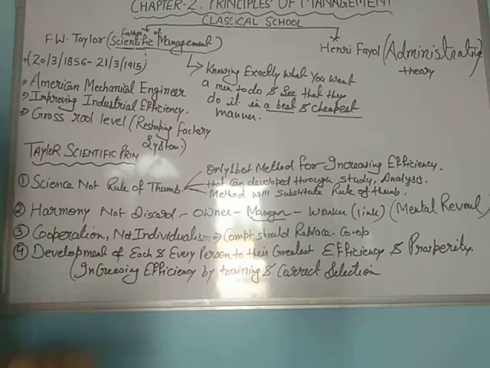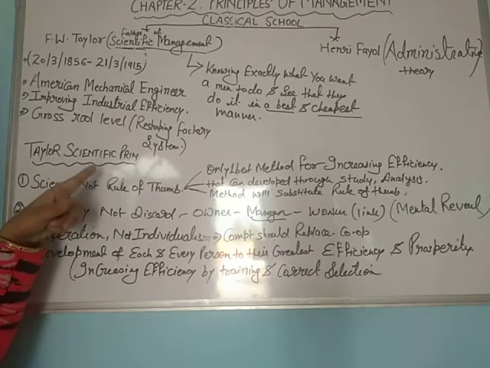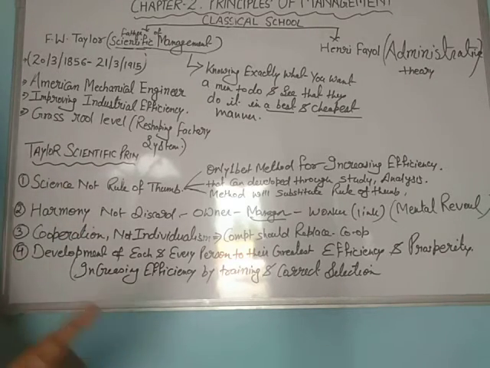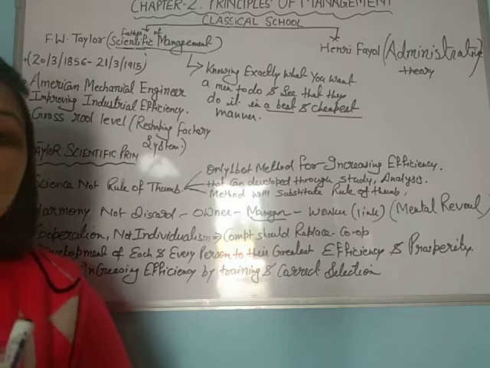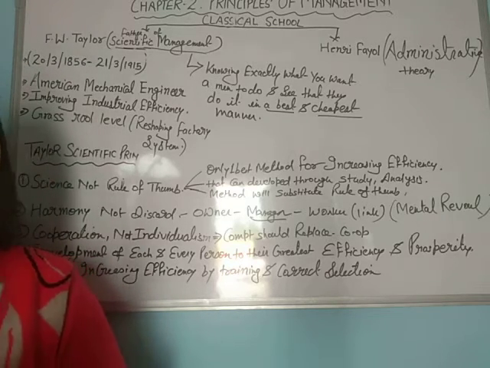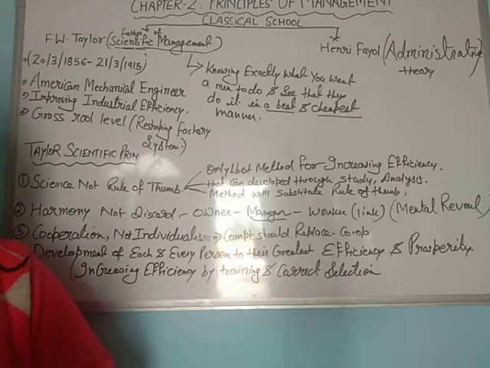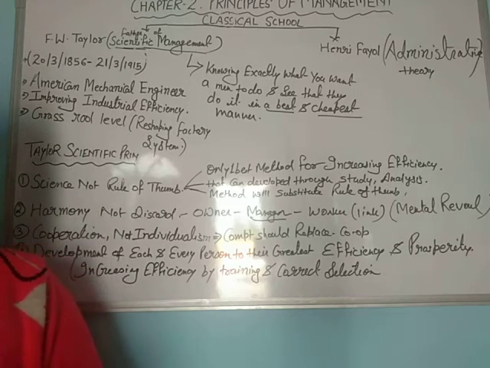So here what Taylor has said that we should not use science as a rule of thumb, right? We cannot depend on managers taking decisions according to their own manner. There should be one particular solution for one particular problem, no matter which organization it is occurring in, right?